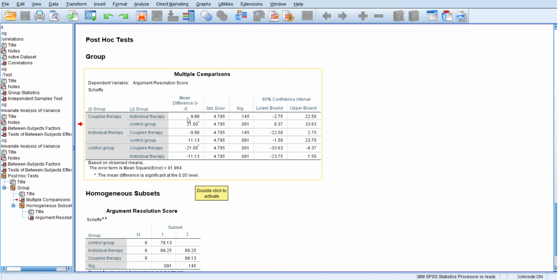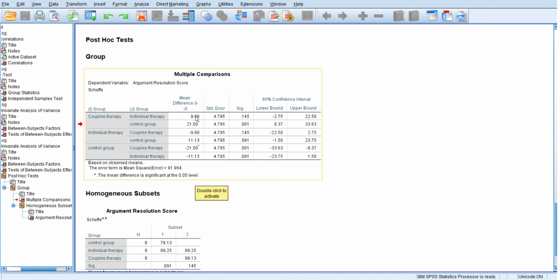So what that tells us is that the couples therapy had a higher average score on argument resolution than the individual therapy. And this is the mean difference. Think of this as the 100 minus 50, and it gave us a positive number.